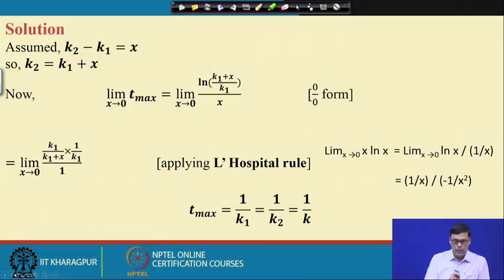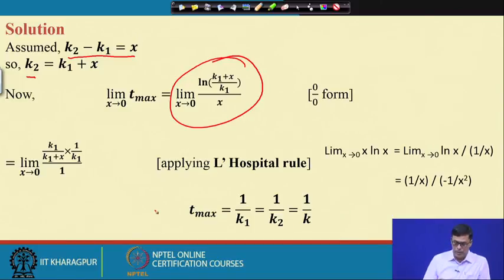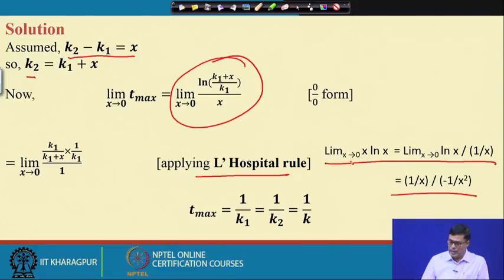Then we can write k2 minus k1 equal to x, so k2 will be equal to k1 plus x. Then I can modify the equation like this. Then the L'Hospital rule equation is like this. If you take the limit as x tends to 0 of ln(1+x)/x, this will be like this. So, we can write in this form.